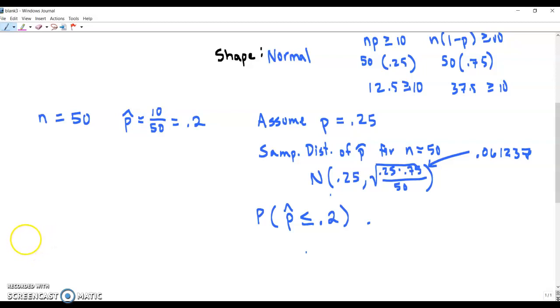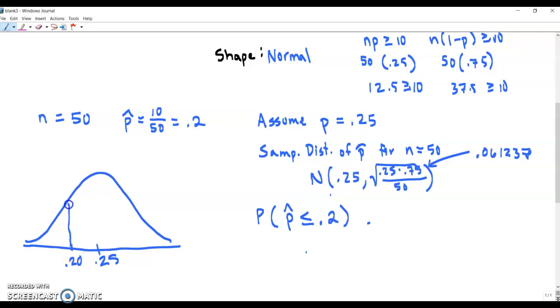So I want to consider this normal distribution centered at 0.25 with a standard deviation of about 0.06. So 0.20 is not even quite one standard deviation away. So what is this shaded area? What is the probability of being less than 0.20?